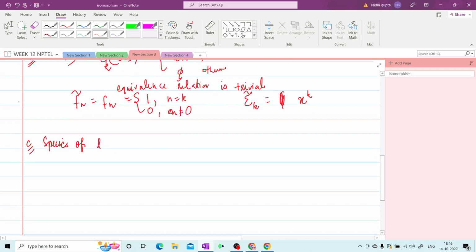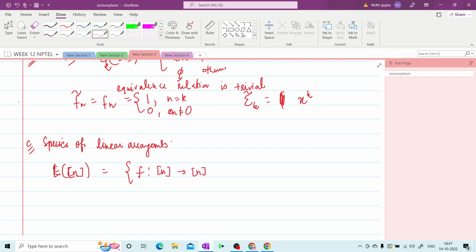So first we see the species of linear arrangements. Suppose we take Ln. It was basically all bijective functions from n to n.